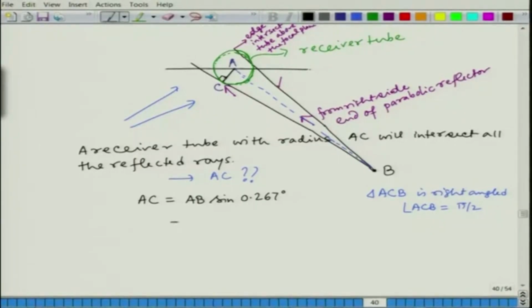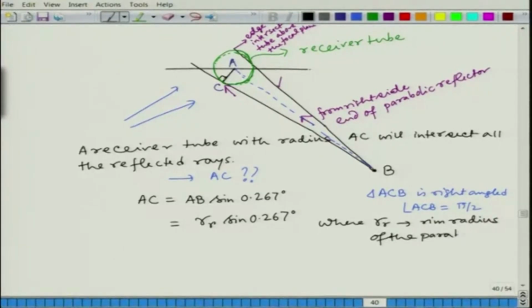Okay. And AB is what? AB is the rim radius of the parabolic reflector, where this RR is the rim radius of the parabolic reflector.